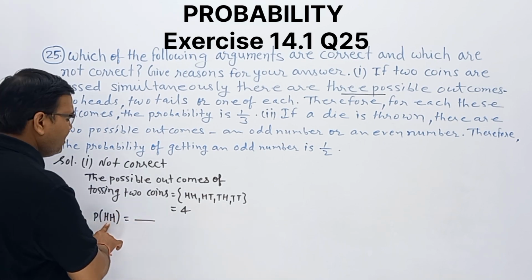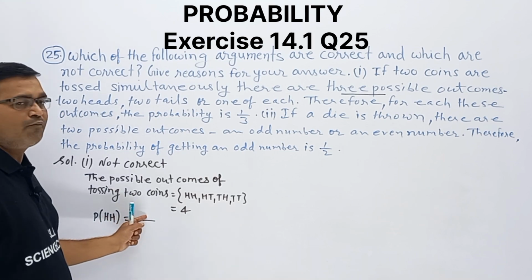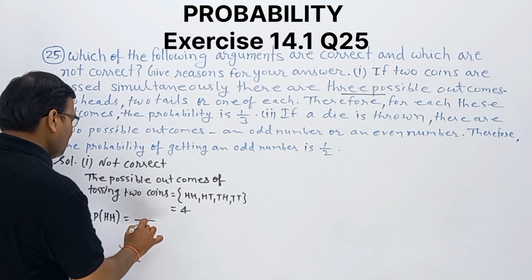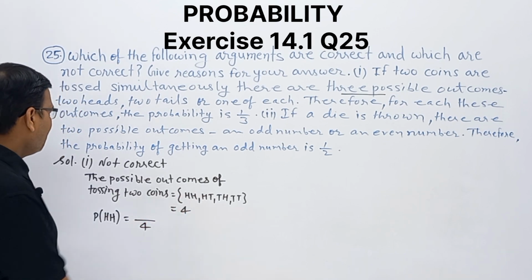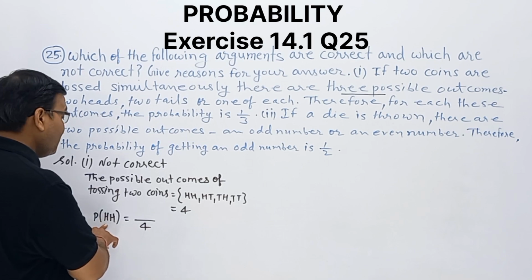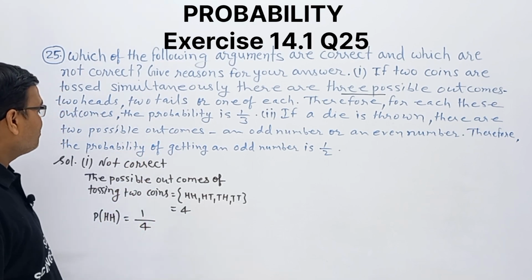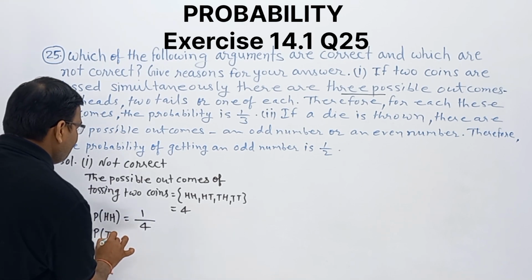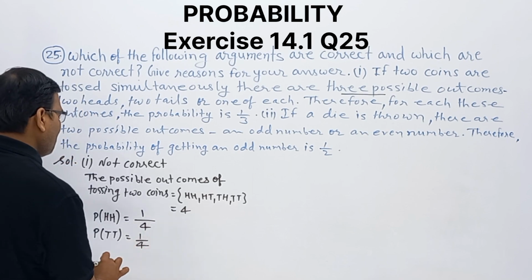What is the probability of an event? Number of favorable outcomes divided by total possible outcomes. So when two coins are tossed, total possible outcomes will be 4, and for getting head head, the number of favorable outcomes will be 1. Probability of getting head head is 1/4.